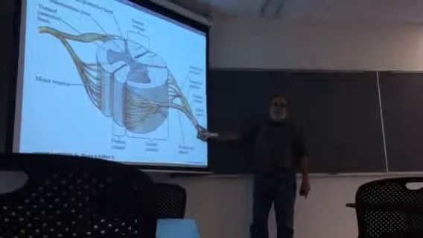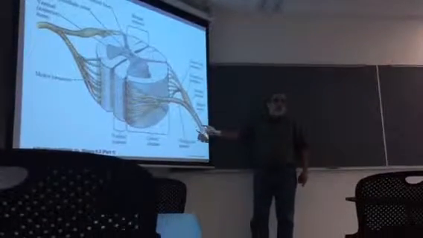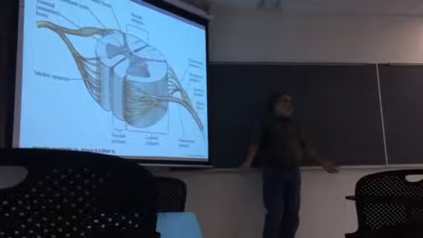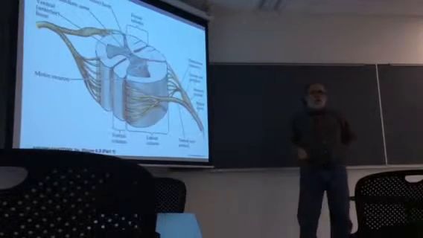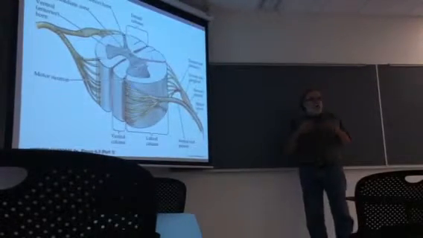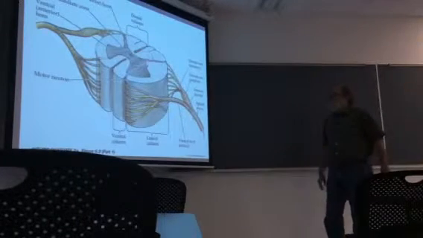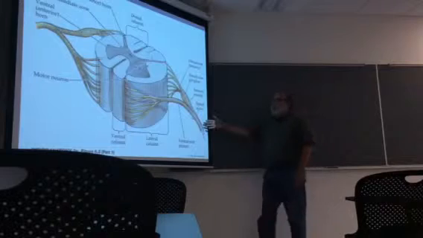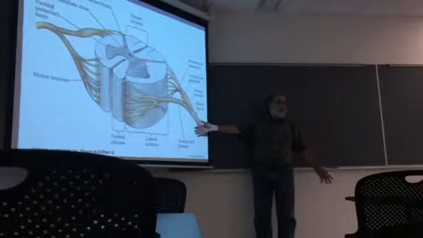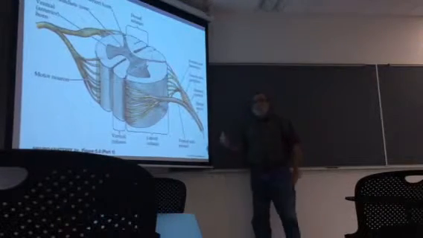This is a spinal nerve. This spinal nerve will be named typically for the vertebra that it's adjacent to as it comes out. So we might call that T4 for the fourth thoracic, whatever. All right?